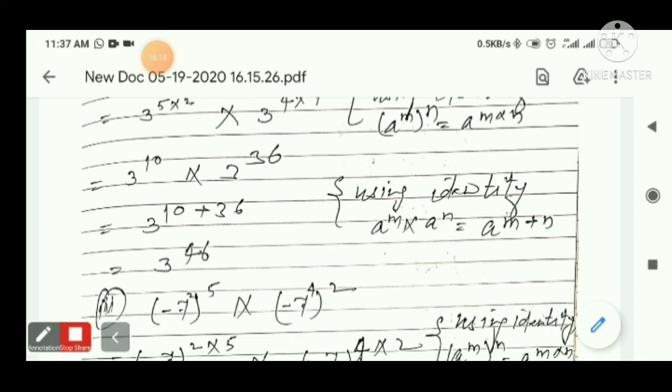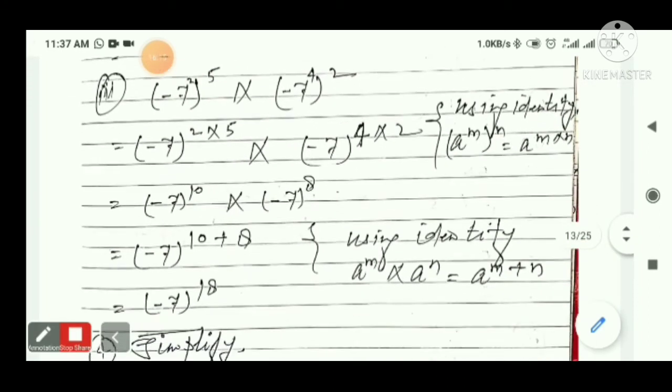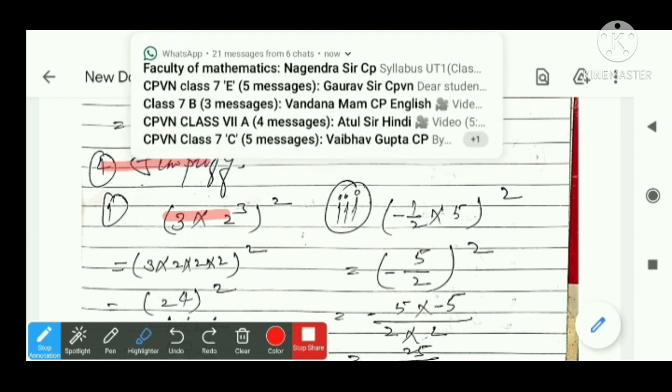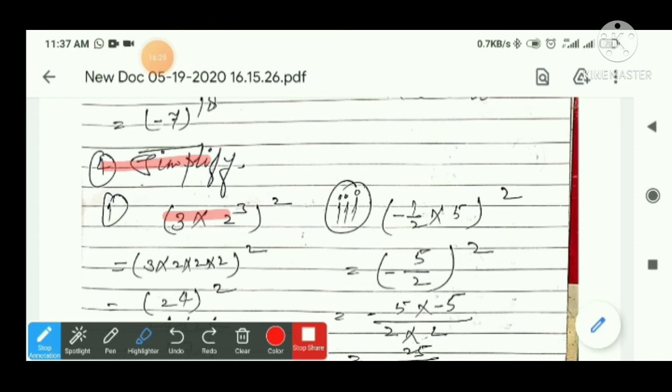Okay, so please look at question number 4. Simplify. The first part is (3 multiply 2 raised 3) raised 2, in brackets.